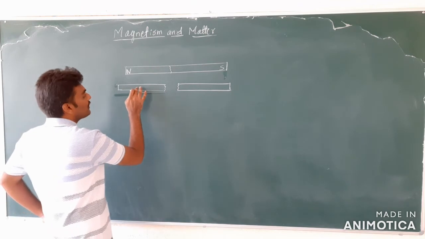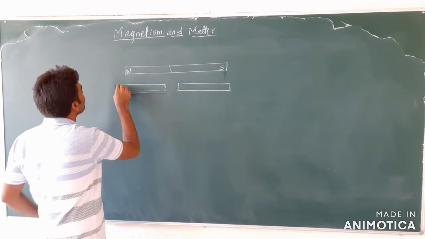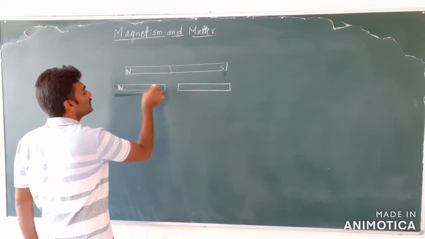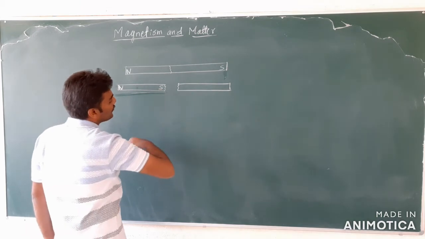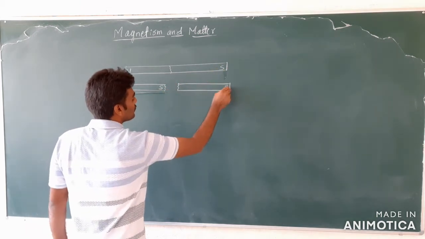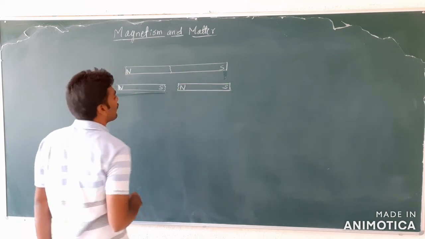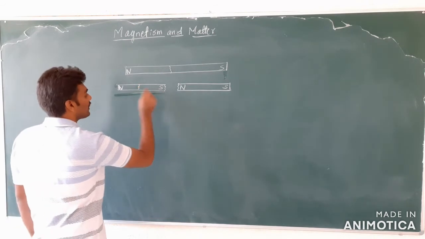The left side of the first piece will have north pole similarly, and the broken part side will gain or acquire south pole. This will remain south, but this will have north pole. Okay. Now you can ask me to break it again.